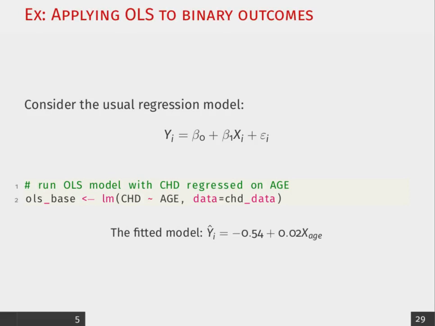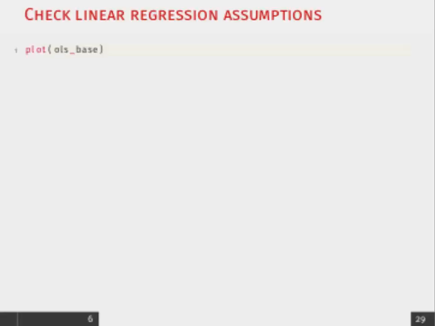So what we get from the fitted model from R is an estimated coefficient of the relationship between age and CHD of around 0.02, and the intercept, so when an individual is 0 age, their predicted CHD is going to be negative 0.4.